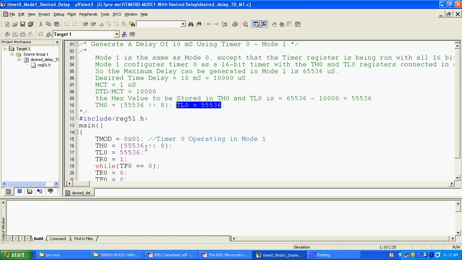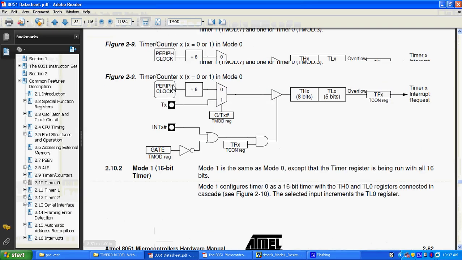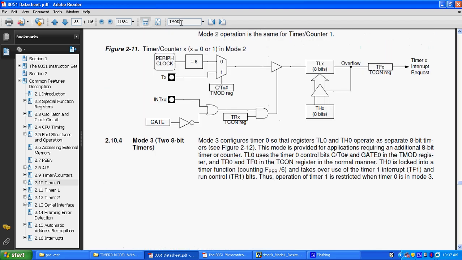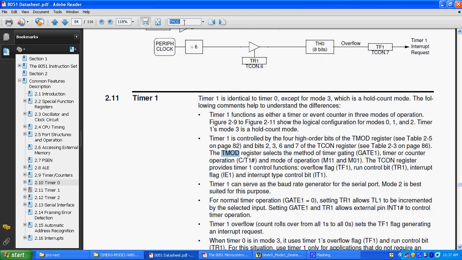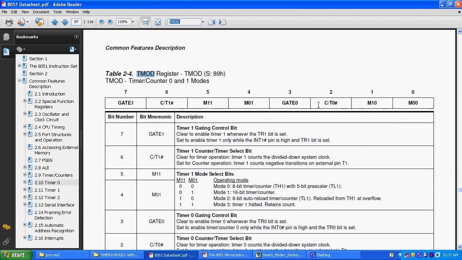TMOD equals 0x01. 0x01 is for activating mode 1. Let's see the data sheet. If I make this bit as 0 and this bit as 1, meaning I make M10 as 0 and M00 as 1, then I am using timer 0 in mode 1.